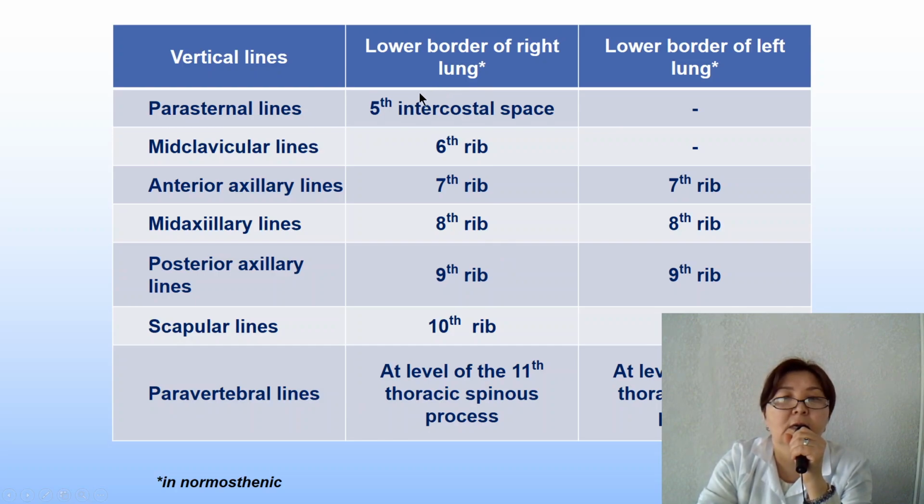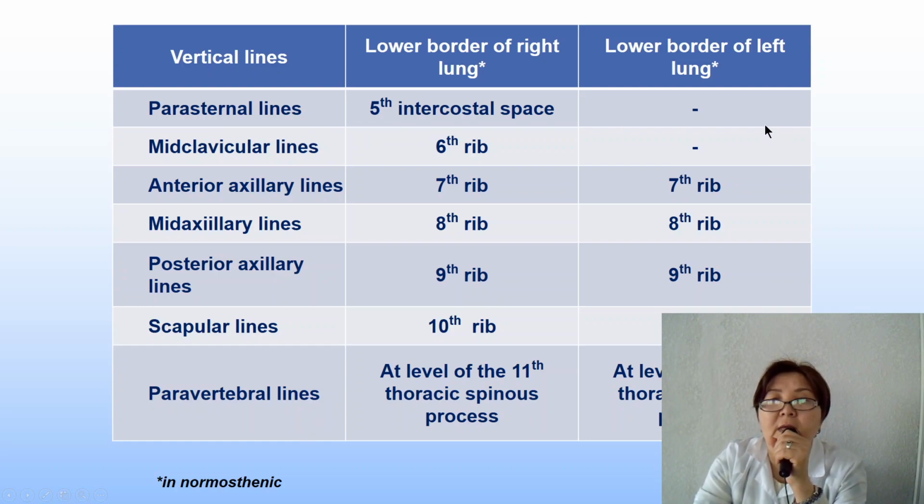On the right lung, we determine it at 7 vertical lines, beginning from the parasternal line and ending with the paravertebral line. On the left lung, we don't use the parasternal line and mid-clavicular line due to heart dullness.